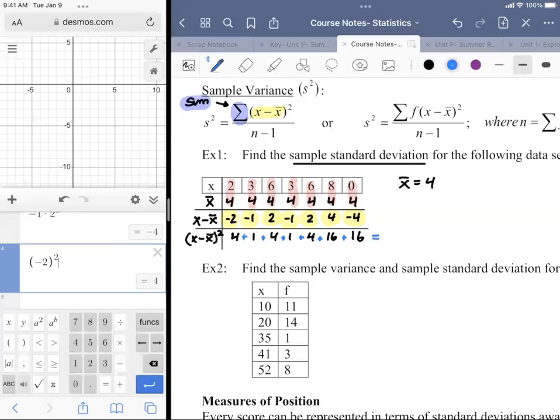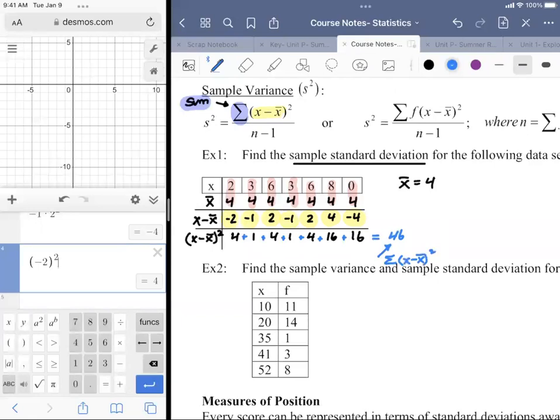And that's going to give me the sum of X minus X bar squared. So 4 plus 1 plus 4 plus 1, that's 10, plus another 4 is 14, plus 16 is 30, plus 16 again is 46. That number right there is the sum of X minus X bar squared.